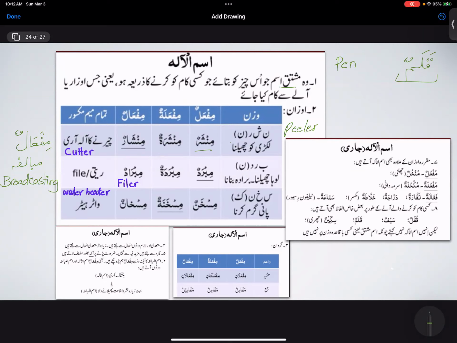So minsharun, minsharatun, and minsharun. That is cutter. And we see that this minsharun is on the pattern of, if I say, what is the wazan of minsharun? Mif'alun. Yes, mif'alun.